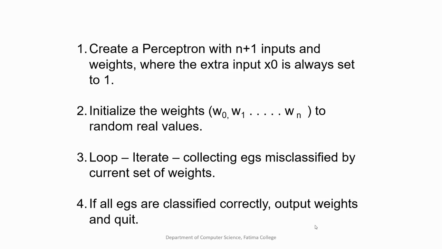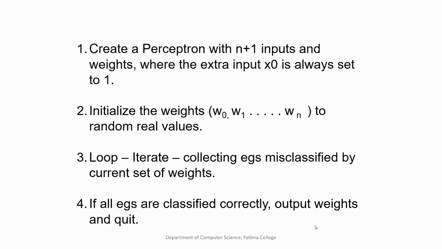So a default value of 1 is always set there. That is the purpose of having this x naught. The weights W0, W1 up to Wn will have random real values, the initialized values with which the process will start.